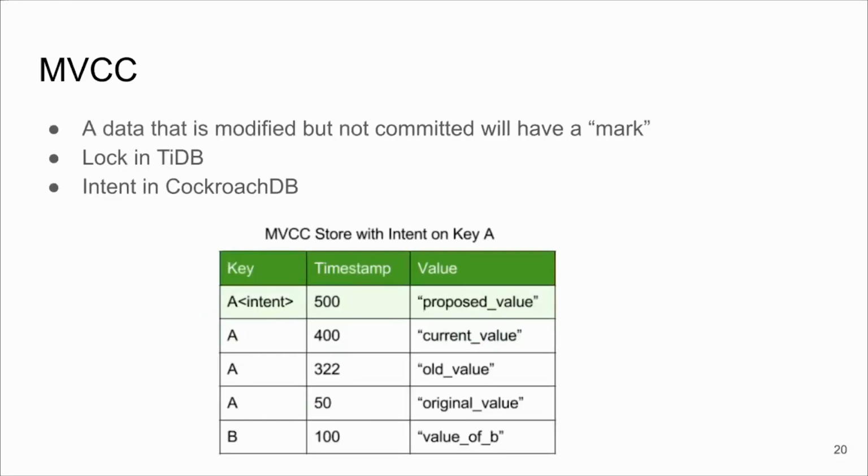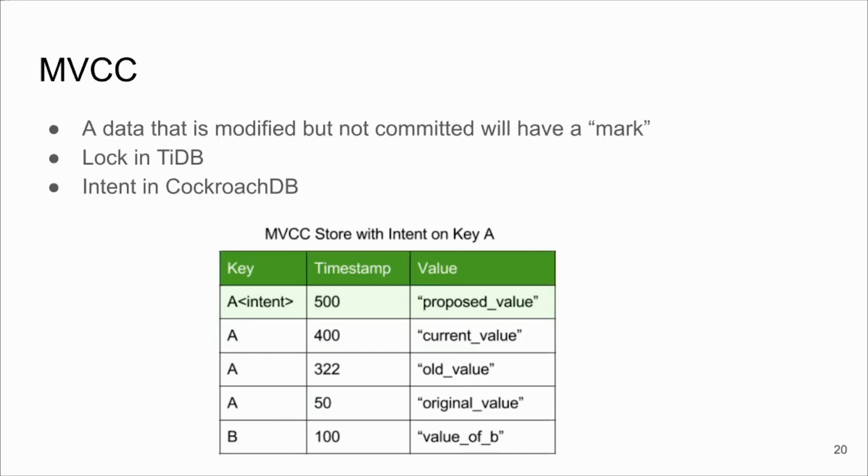And how does the transaction work? As I said, one goal of a transaction is that you want modifications to multiple data to be visible to other transactions at the same time. So there has to be a stage where a change is pending. It's not yet visible to other transactions.